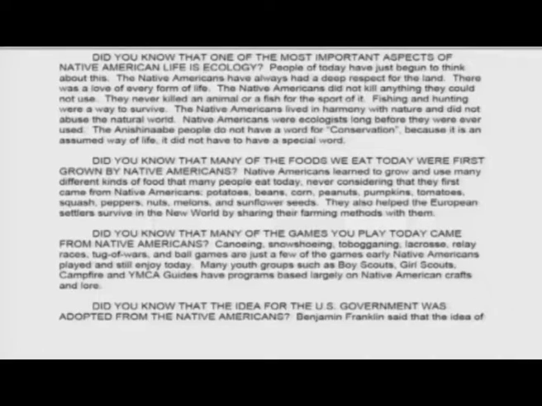So, this paragraph here, for example, talks about Native American contributions to ecology, and then this to foods, then this to games, then this is to politics, the form of US government.